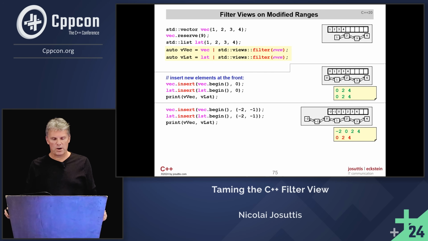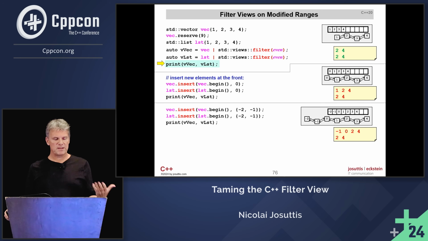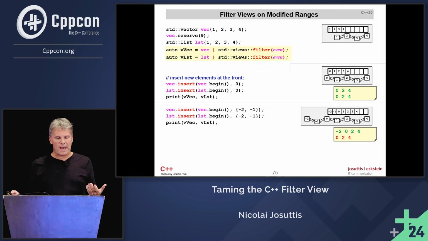But it gets worse. You are surprised. So what do you do when you're surprised? You ask an expert, or first of all, you try to understand yourself. What is the first thing you do? You add an additional print statement. And the whole program is broken. Look at that: 024, 024, -2, 024, and 024.